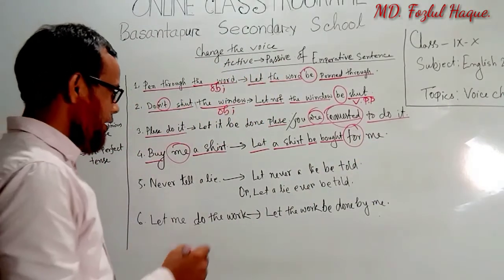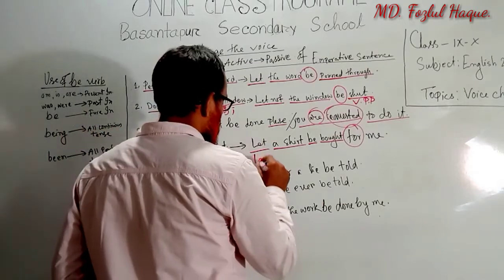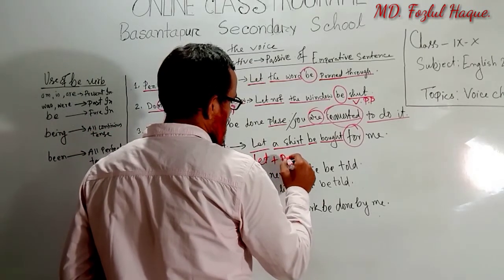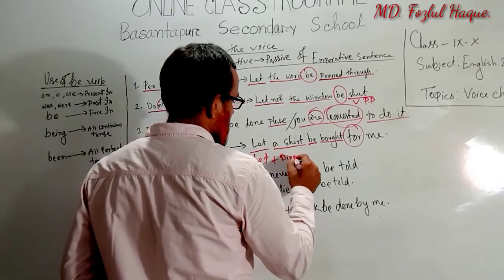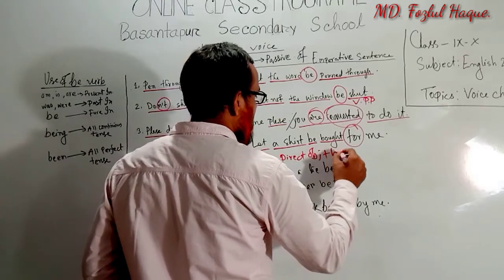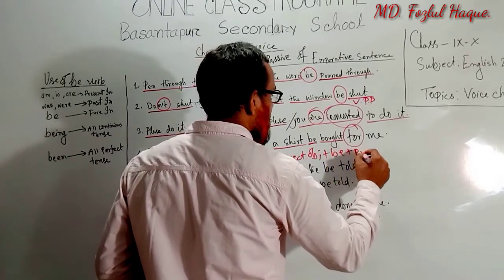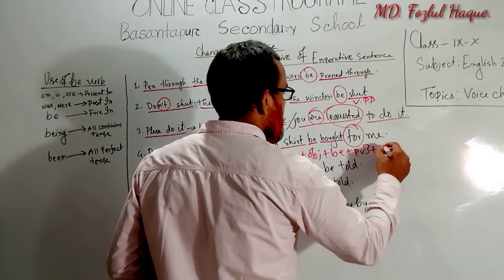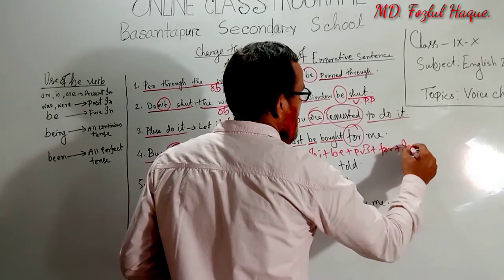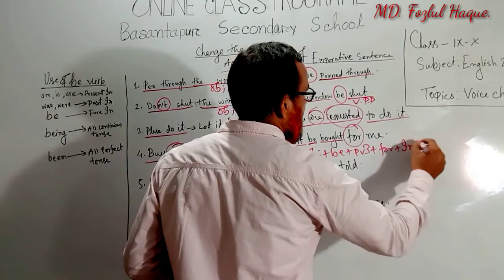So the structure is let plus direct object plus be plus past participle plus for plus indirect object.